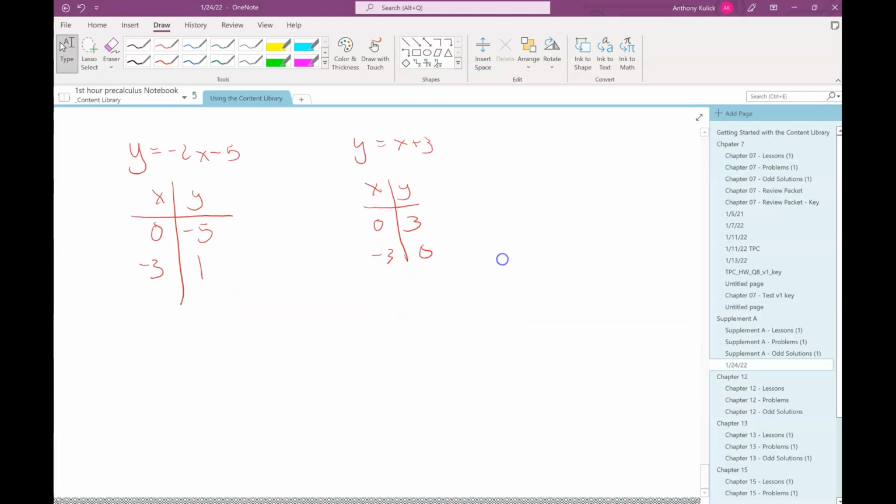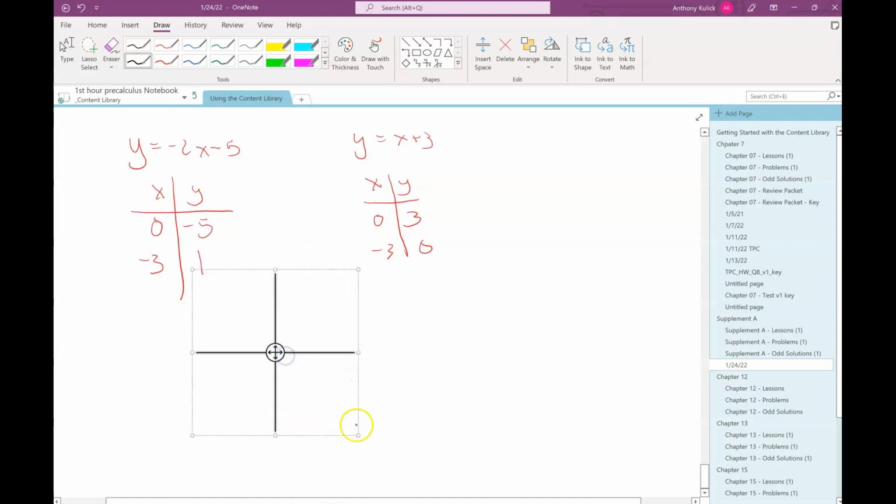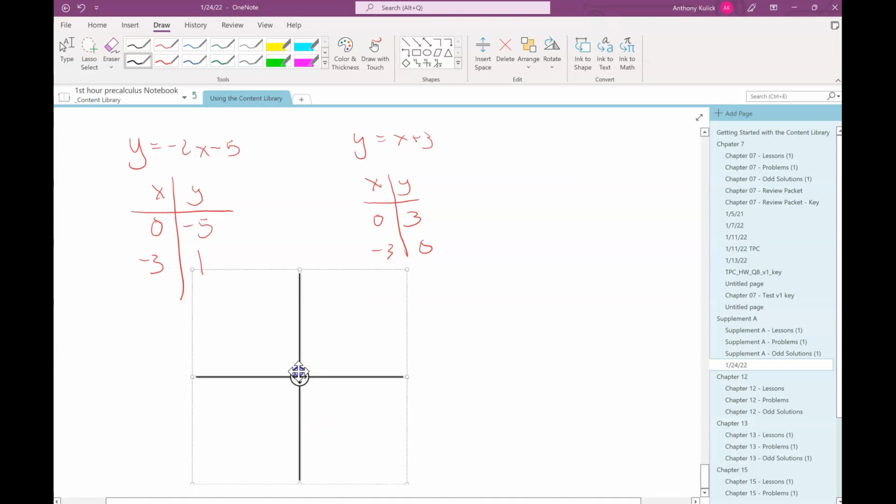And again, there's nothing special about the x and y's that I chose there. I just chose some stuff that would be convenient to graph.